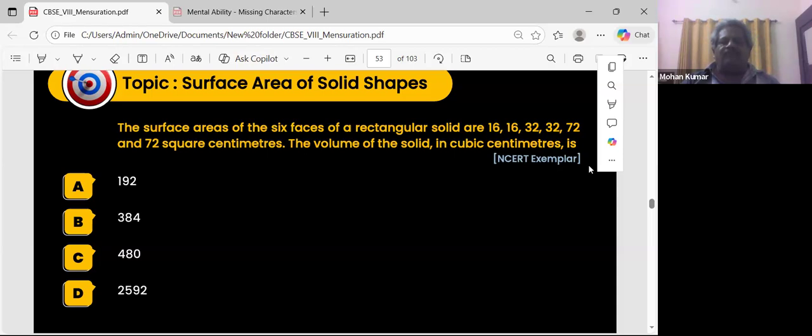Six faces of a rectangular solid are 16, 16, 32, 32. Is it? Sorry, there was a small mistake which I got. Let me bring this back, it went out of range.